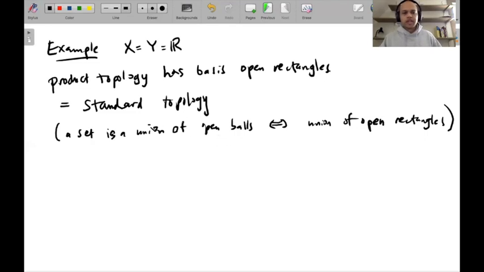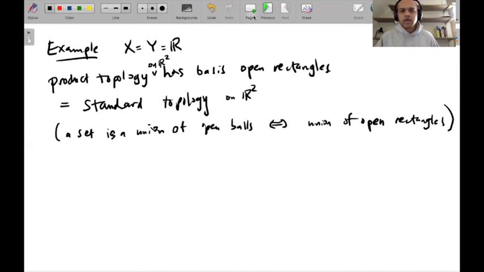So open balls and open rectangles generate the same topology, and it follows that the standard topology and the product topology are the same on R squared. All right, so hopefully now you see why bases are a useful thing to work with.